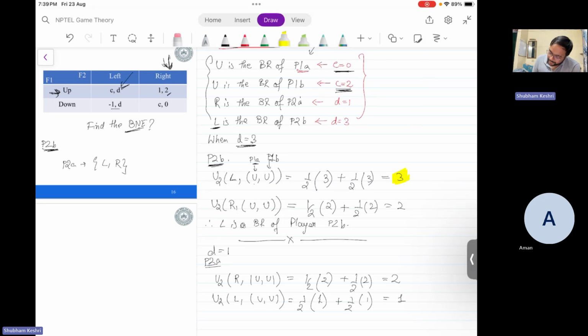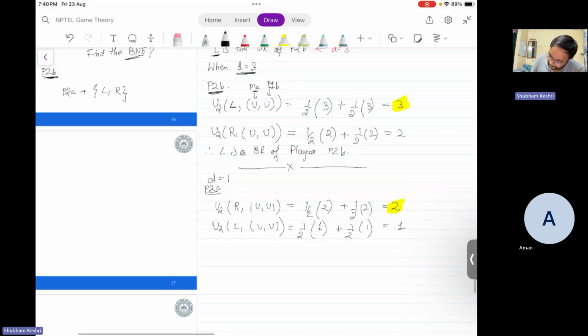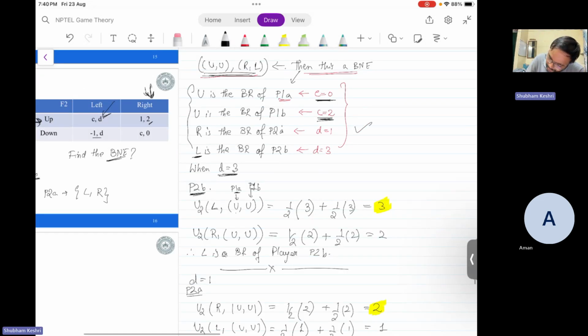So you see, player 2A's best response is to play R, because in that case his utility is more. Therefore, playing R is the best response of player 2A. Okay, we have shown this.